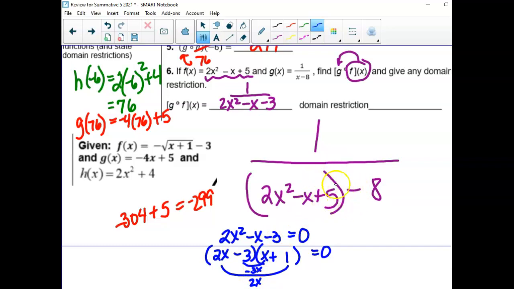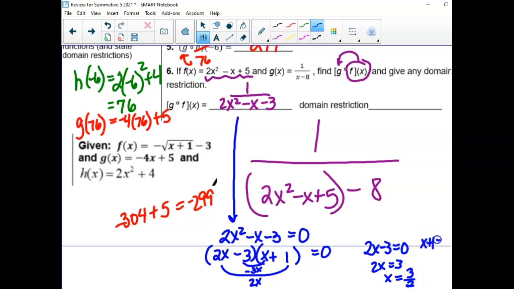Remember, we're not factoring this. We're factoring this guy up here. So if I set each of those equal to 0, I would get 2x equals 3 or x equals 3 halves.